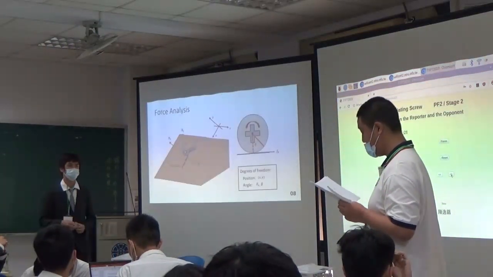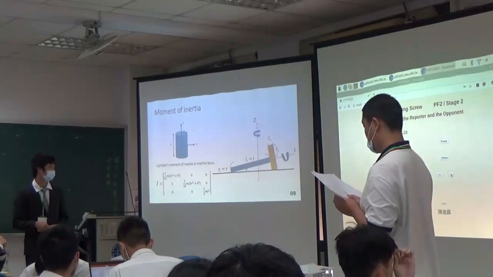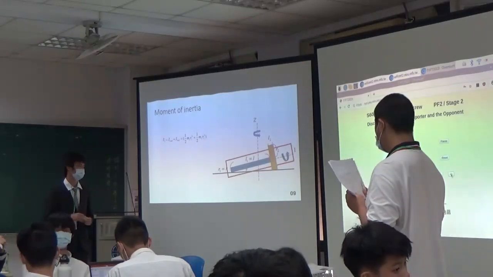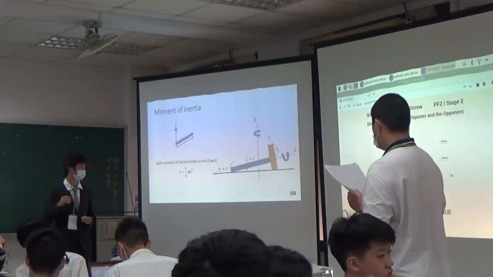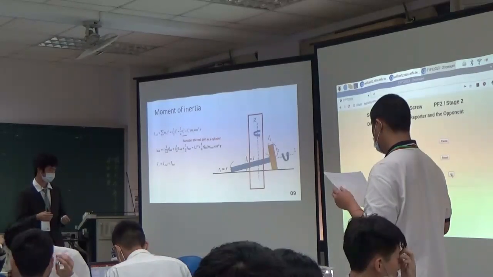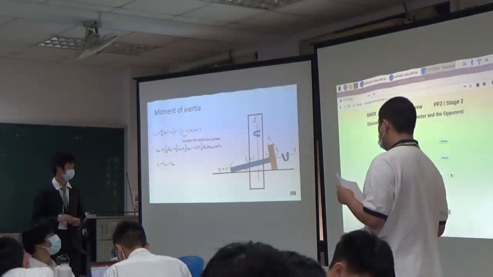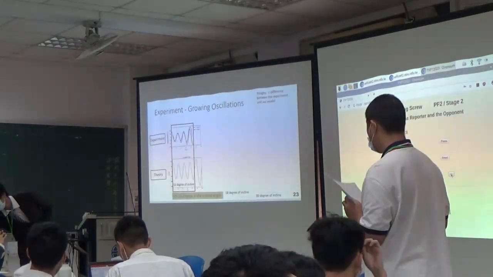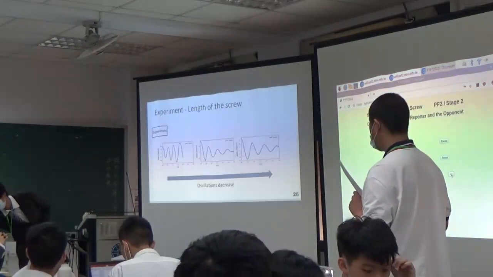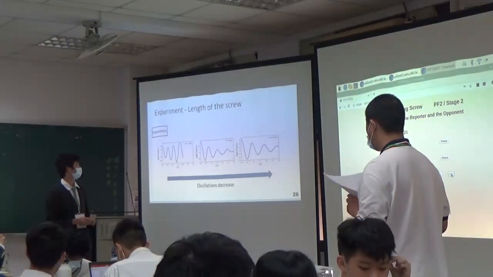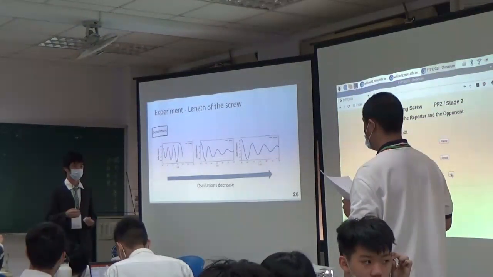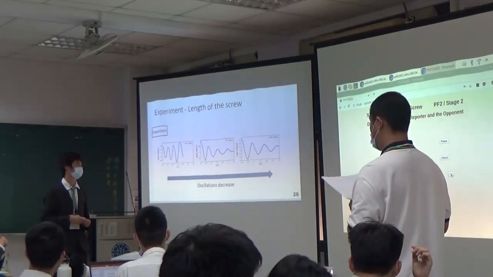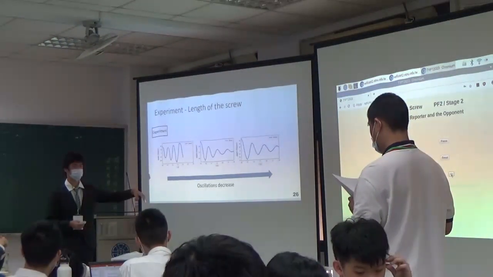For that, since the length will affect the moment of inertia, and the moment of inertia will affect the rotation significantly, as the length of the screw increases, the moment of inertia will also increase, so the oscillations will decrease.